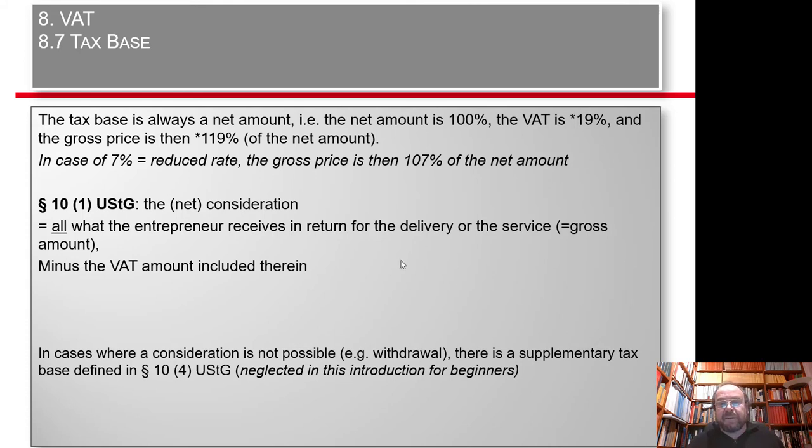In cases where no consideration is paid, for example in case of a withdrawal, you take refuge in another supplementary tax base, that's 10(4), which says we take a kind of market value, but only if no price is paid.